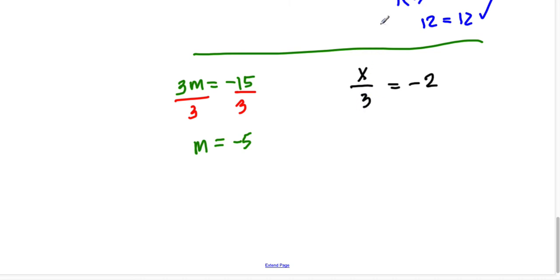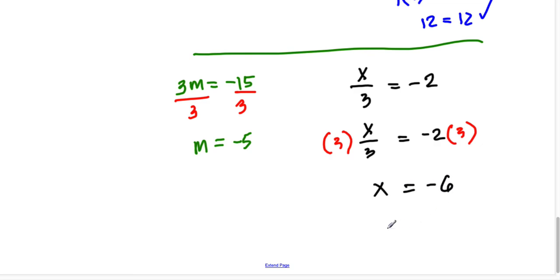So we need to multiply both sides by 3. We undo 3 by multiplication because it's division. The fraction bar indicates division. So we multiply both sides by 3, and we're left with x is equal to negative 6.